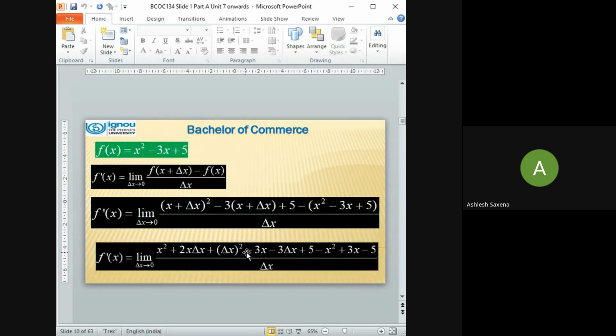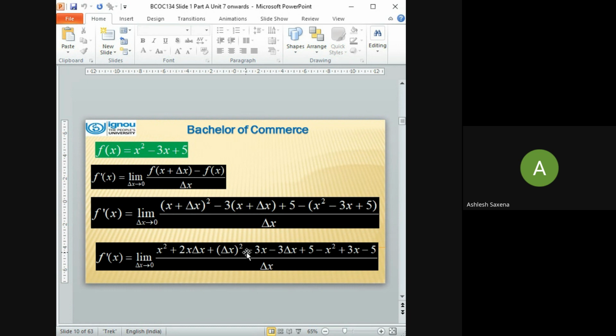Now we will see a problem which is quadratic in nature. As per the definition, if we have to find the derivative, what we will do is replace x by x plus delta x.